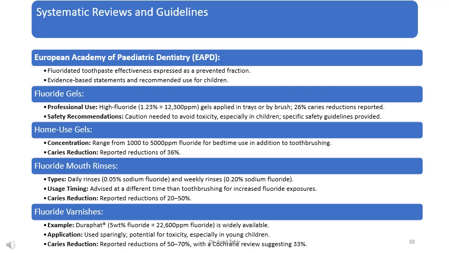Application: use sparingly due to potential toxicity, especially in kids. Cavities reduction: they decrease cavities by 50 to 70%, according to studies. In short, these fluoride products, like gels, rinses, and varnishes, have been shown to effectively reduce cavities. However, caution is needed to prevent fluoride toxicity, particularly in young children.